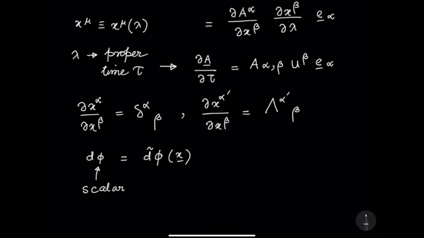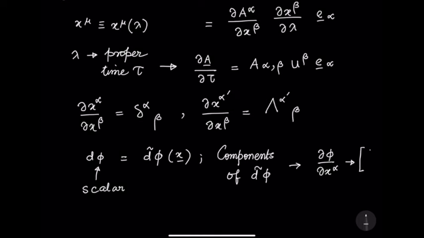This also we have seen. So just remember, the components of d phi are del phi del x alpha. These are one forms.